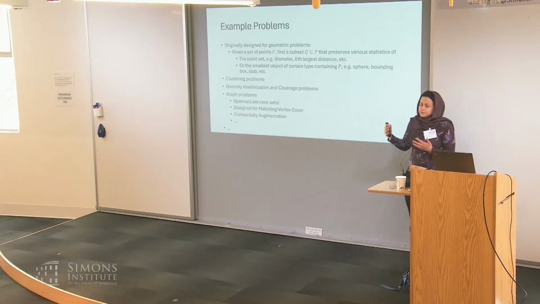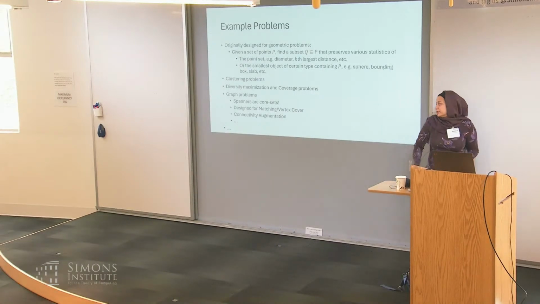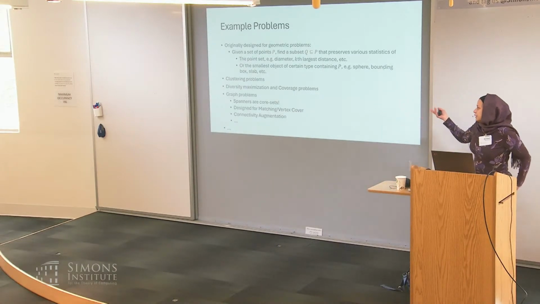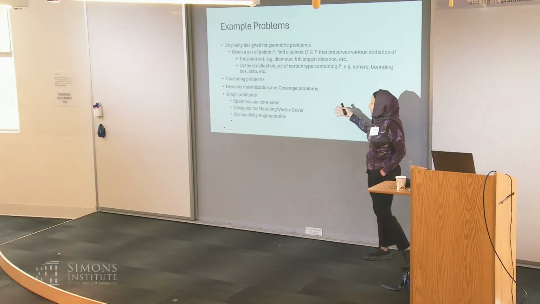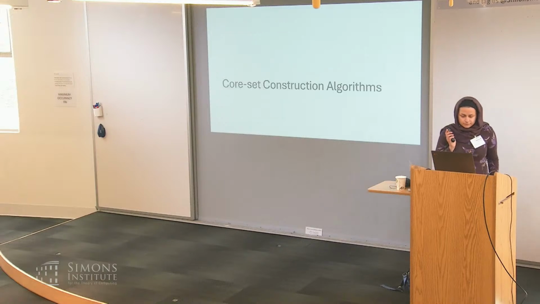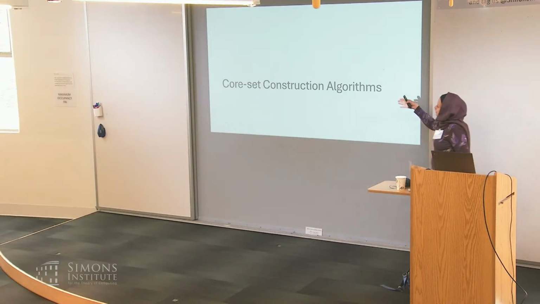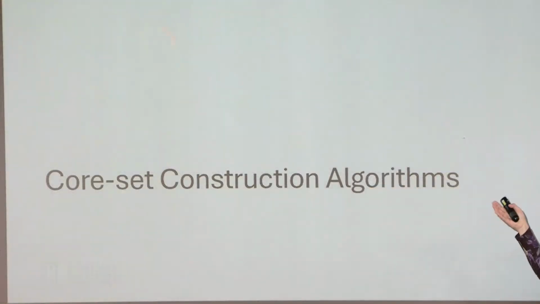Coresets are explicitly designed for, for example, matching, vertex cover, and for many other problems, like we can think about coresets, or in terms of coresets as well. Okay, so with that, let's look at some simple and then maybe more generic coreset construction algorithms.